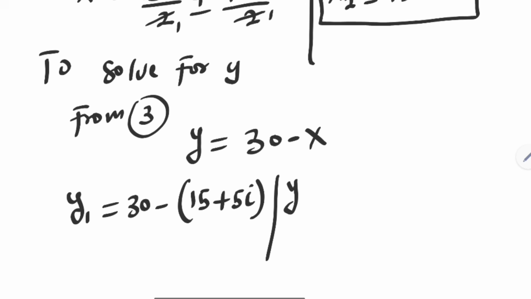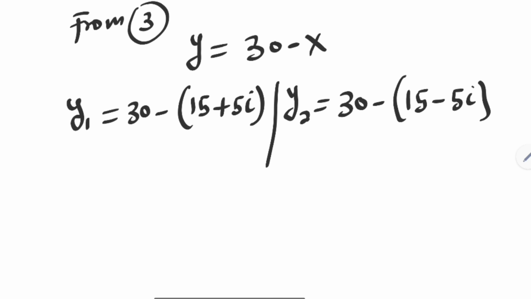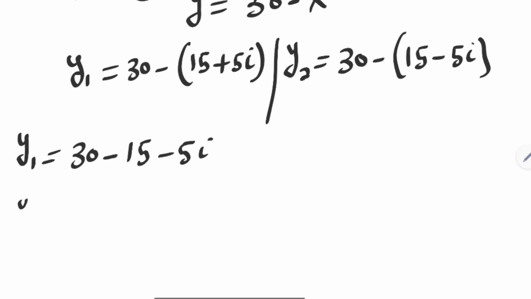And y2 is equal to 30 minus x2, which is 15 minus 5i. Then y1 is equal to 30 minus, if you open the bracket, will be negative 15 minus 5i. y1 is equal to 30 minus 15. This is 15 minus 5i.